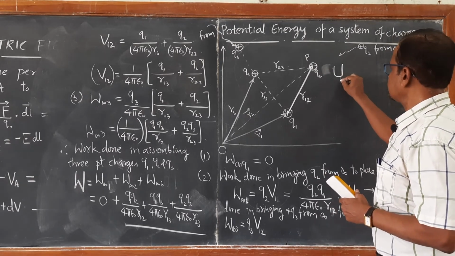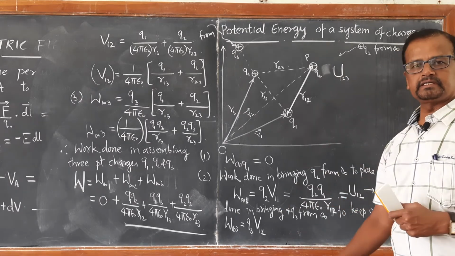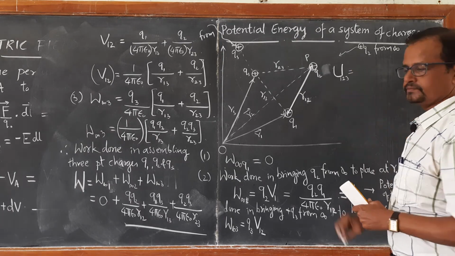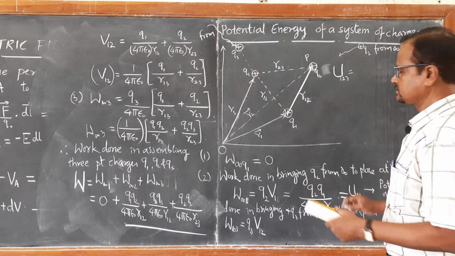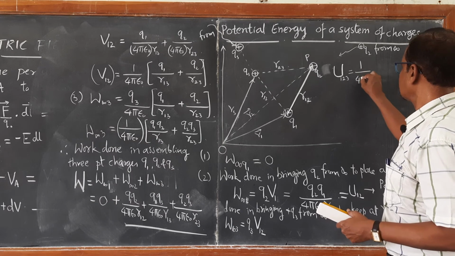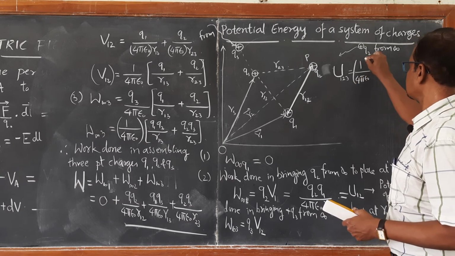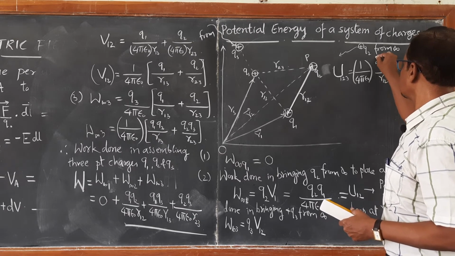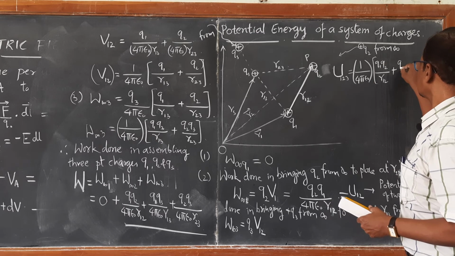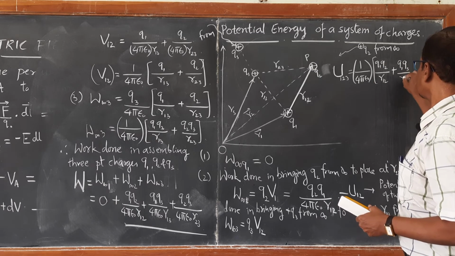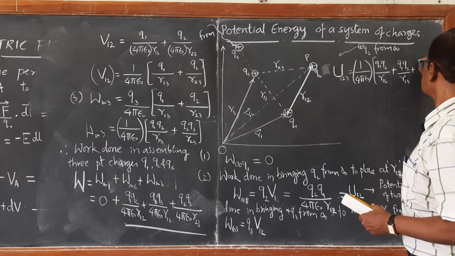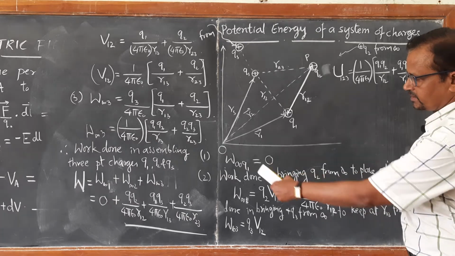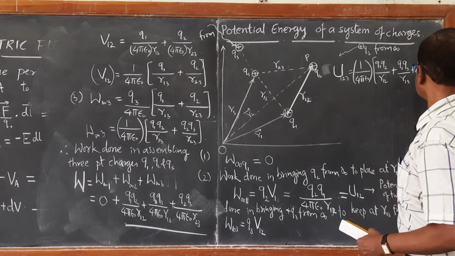The potential energy of assembling these 3 charges, the total potential energy U123, is equal to, you can just summarize here, 1 upon 4 pi epsilon naught times Q1 Q2 upon R12 plus Q1 Q3 upon R13 plus Q2 Q3 upon R23.